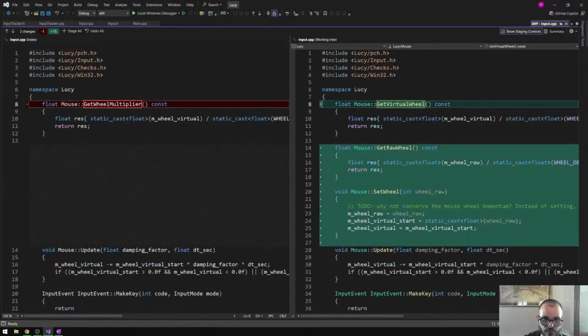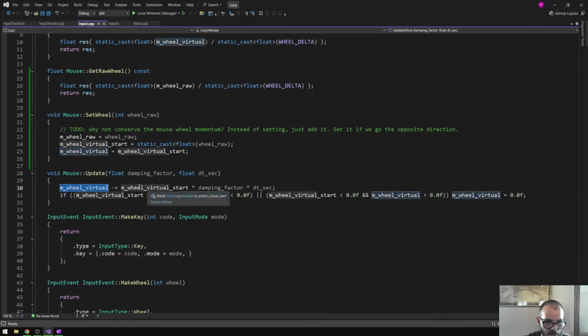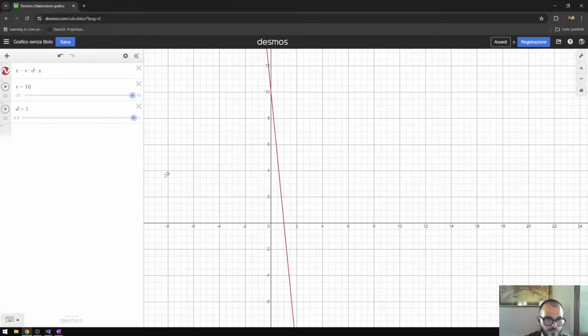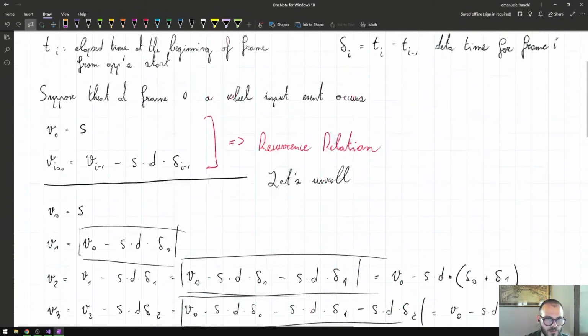In the input, it's a good idea to say, okay, here the virtual wheel, you can just use the virtual wheel start, okay, the damping factor, and okay, so basically this looks good.